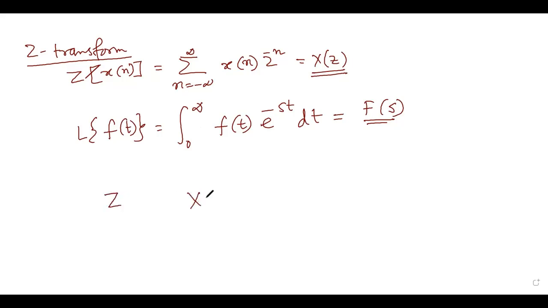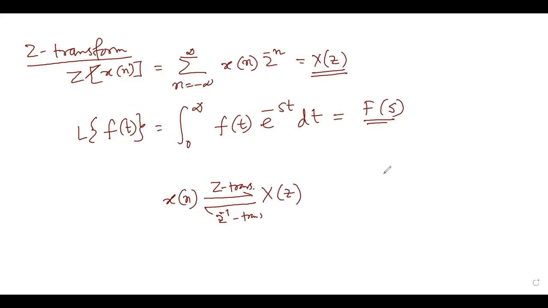If we have x[n], and we take its z transform, we'll get X(z). And if we have X(z), and we take the inverse z transform, we'll get x[n].